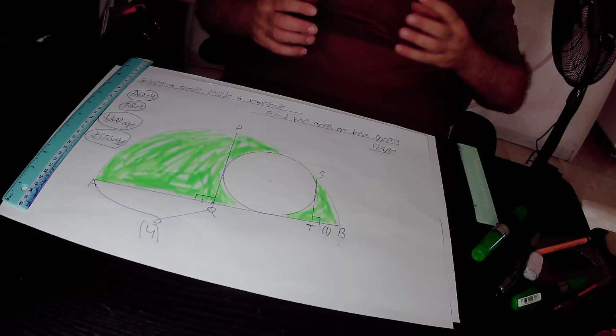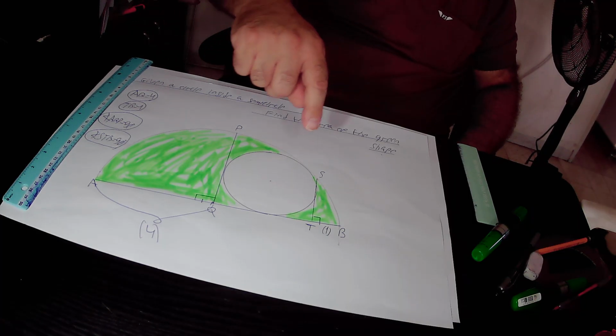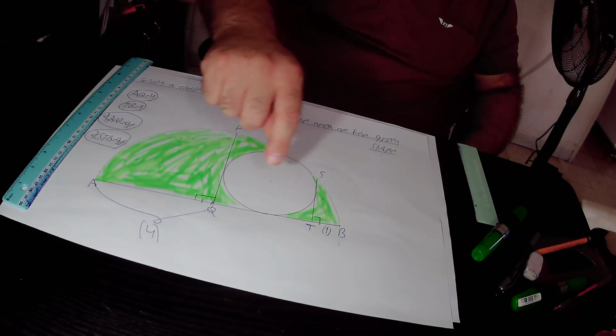So first of all, we will define the radius of the big semicircle Sx and the radius of this small circle Sy.